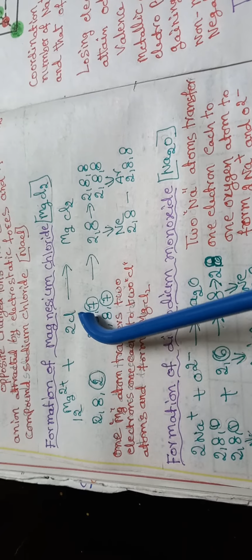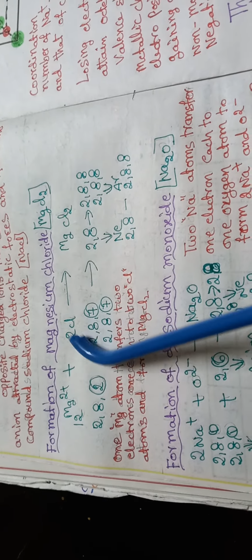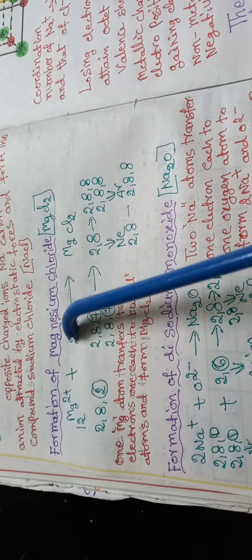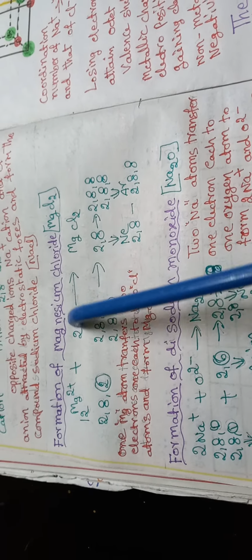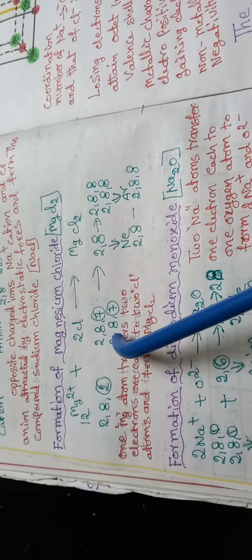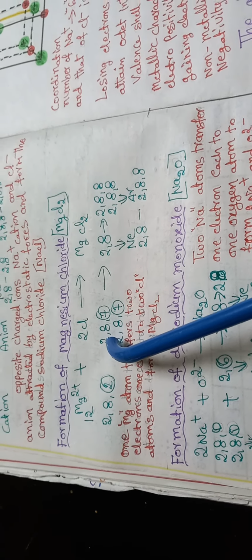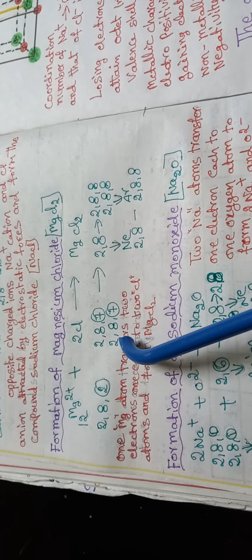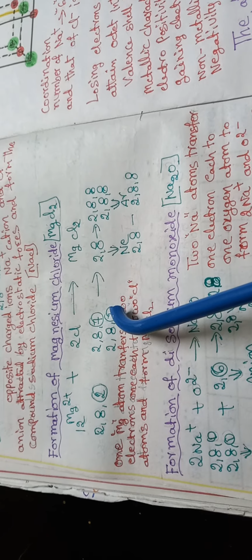Next, chloride. How many chlorine atoms are there? 2 chlorine atoms are there, and the first chlorine electron configuration 2,8,7. Second chlorine atom electron configuration 2,8,7.